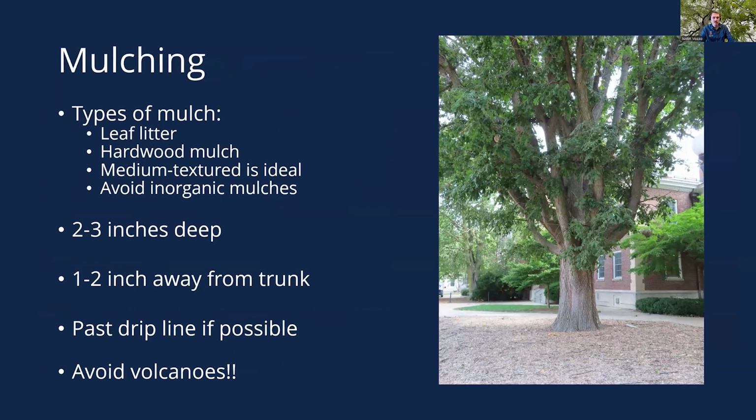One of the most important things we can do, which might not always be possible in the context of a natural area, but is definitely a great idea within more of an urban setting, is providing some type of mulch for your trees. That might be an organic hardwood or a leaf litter mulch. You want to have a 2 to 3 inch layer, but keep that away from the base of the tree.